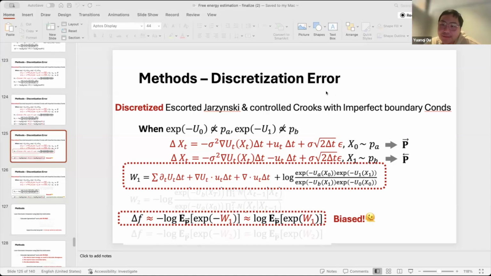The question is, you require overlap between your Gaussian and your target. If you don't have overlap, you still need this approach to train, for example, diffusion from the Gaussian to the target.